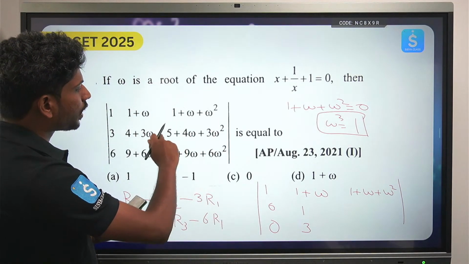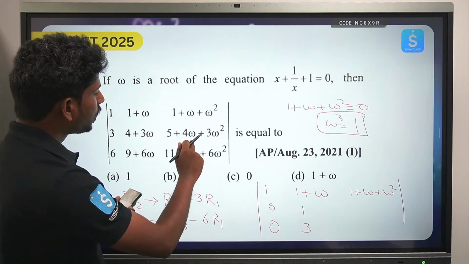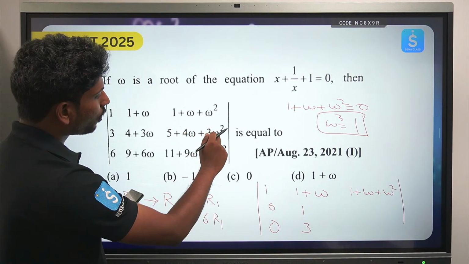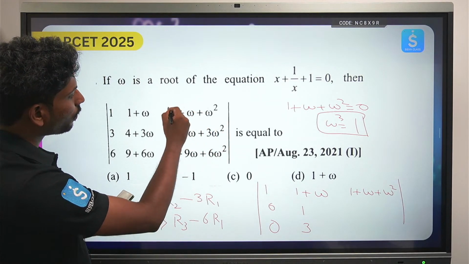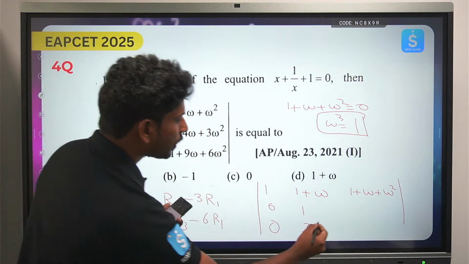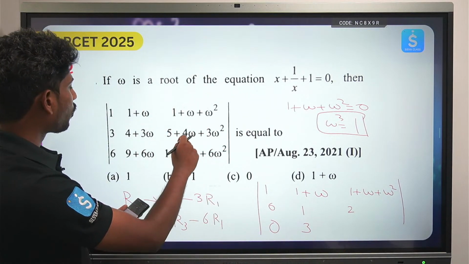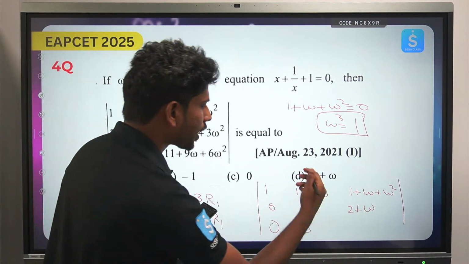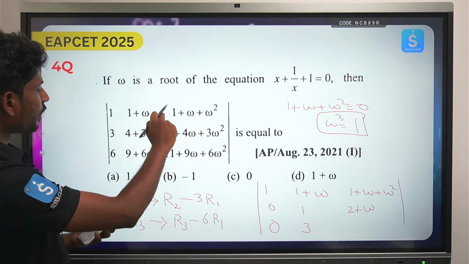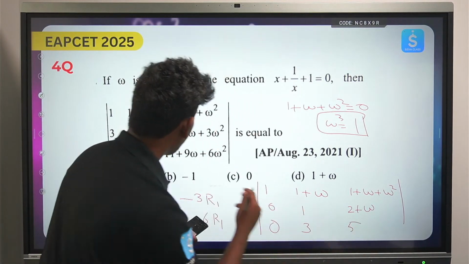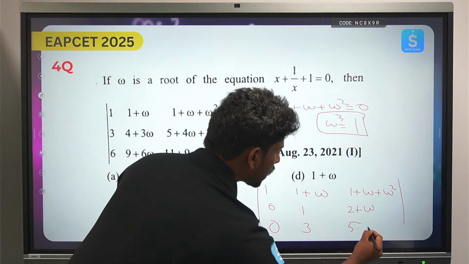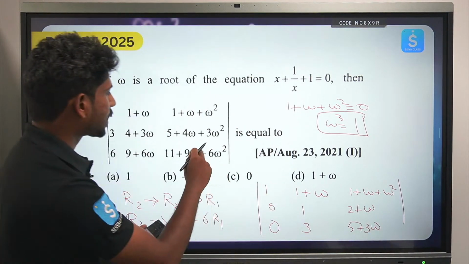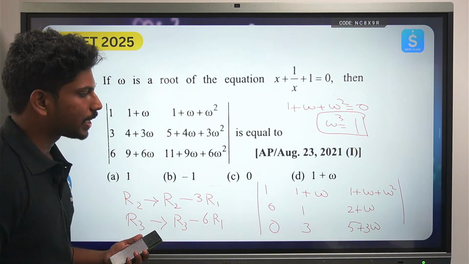Here also, if you take everything, 5 plus omega, 4 omega plus 3 omega square, so 5 minus 3 will become 2. 4 omega minus 3 omega will be omega, and 3 omega square minus 3 omega square will be 0. 11 minus 6 is 5, and 9 minus 6 is 3, and 6 omega square minus 6 omega square is again equal to 0.